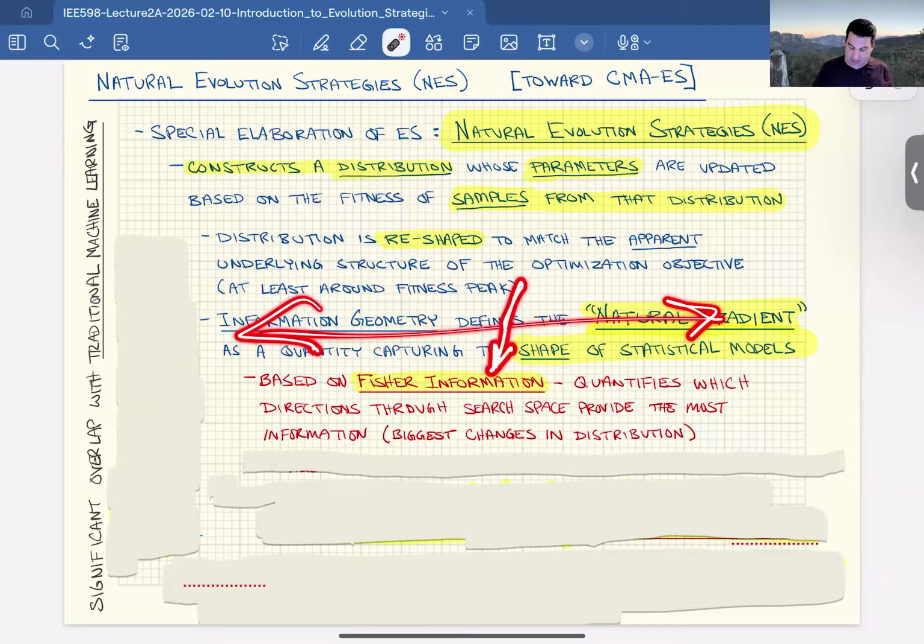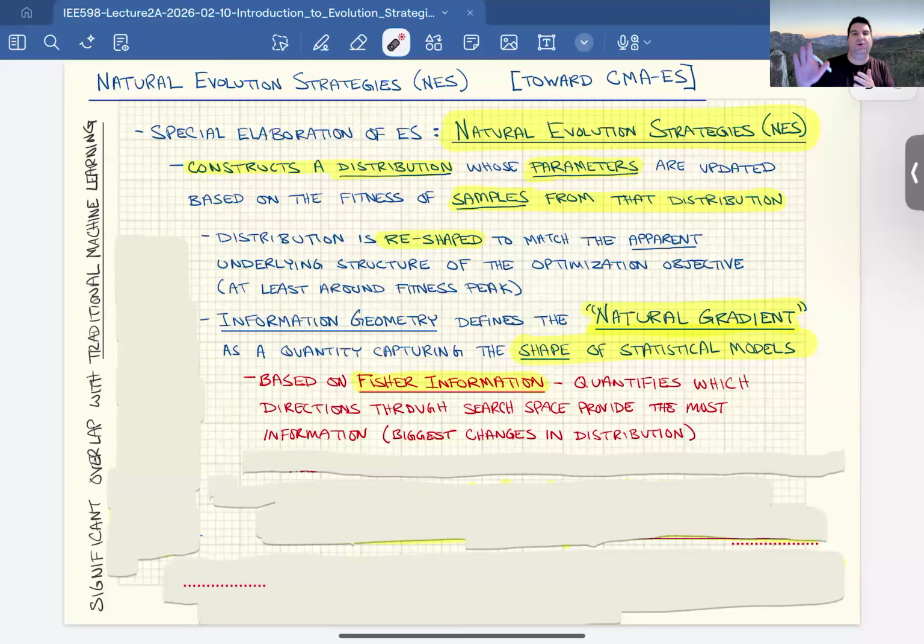Coming out of the page, you might get large changes in fitness for that step size. So Fisher information helps tell you which directions give you the biggest changes in information. If you want the most surprise, the biggest change in fitness, then that's going to come going in this particular direction.